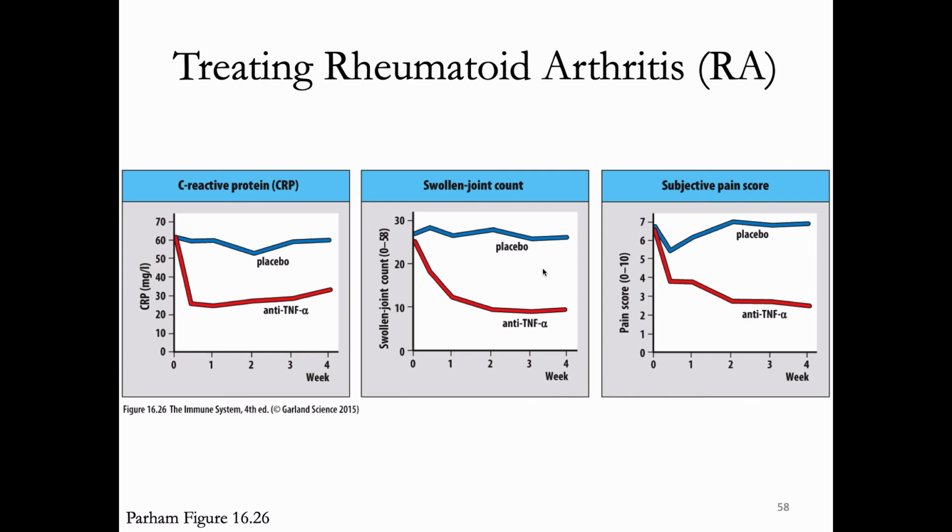You can see that when they were treated with an antibody against TNF-alpha, it goes away. If we look at swollen joints, they have a lot of swollen joints. When they have the anti-TNF-alpha, they don't have swollen joints anymore. When we look at how much pain they have, the drug also blocks the pain. These drugs were revolutionary and life-changing for many of these patients.